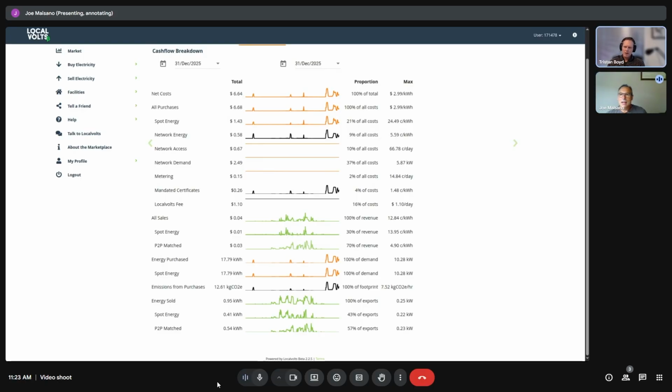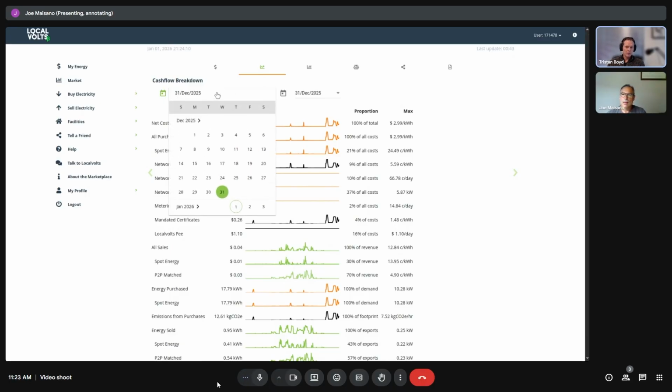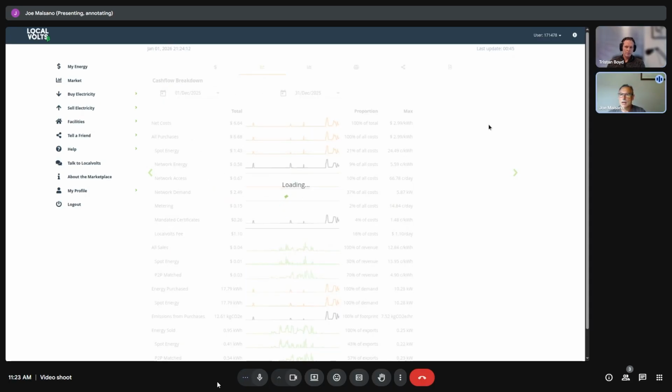Okay, and so this screen seems to be a great place if I'm not sure what my bill is going to be, to get a really good idea of what's going to happen or what happened in the last month, for example. Definitely, and to answer that question, we have the date selectors up the top. So I've just selected the 1st of December to the 31st of December.